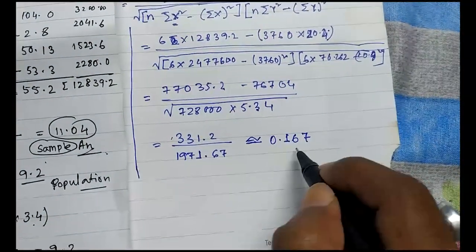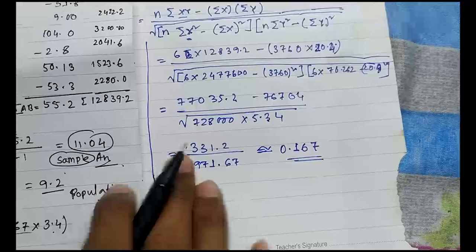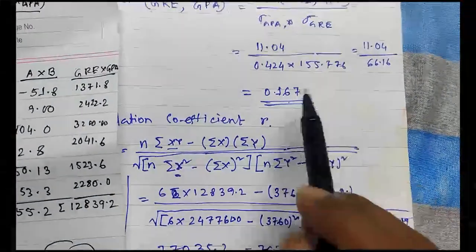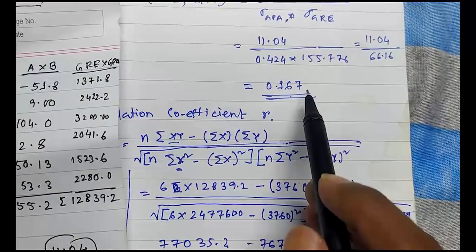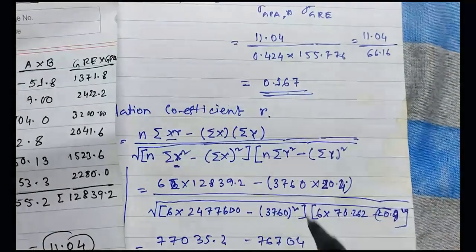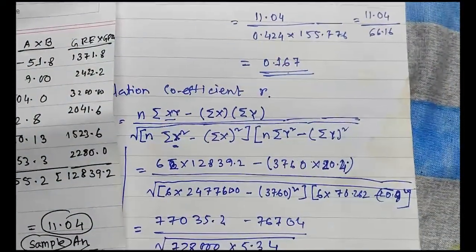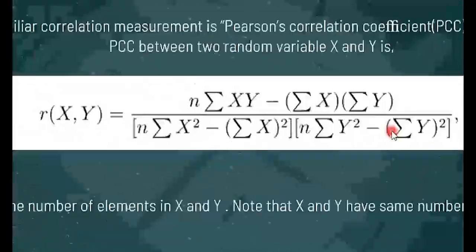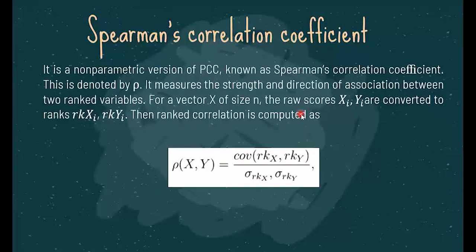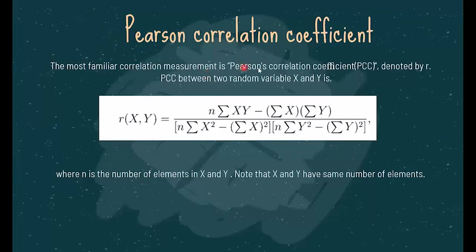You see, in this case I find 0.167 as my correlation, and in the earlier case I found 0.167 as well. So in both cases the correlation is the same. This is the Pearson correlation coefficient, which is mostly used, and we will see how to get that in R as well.